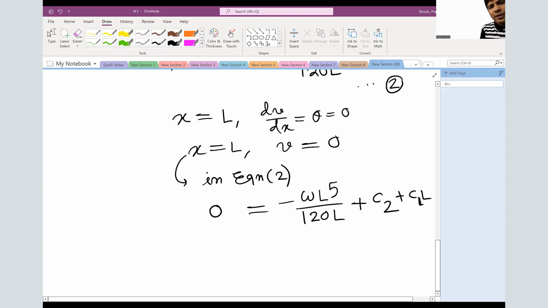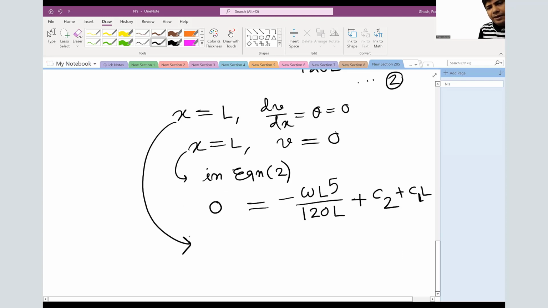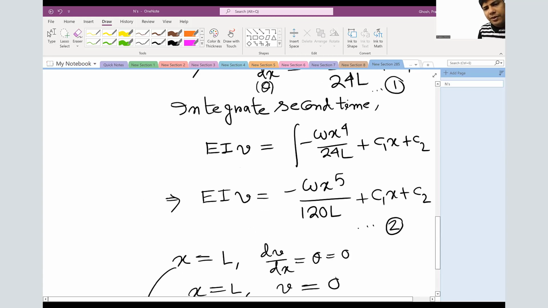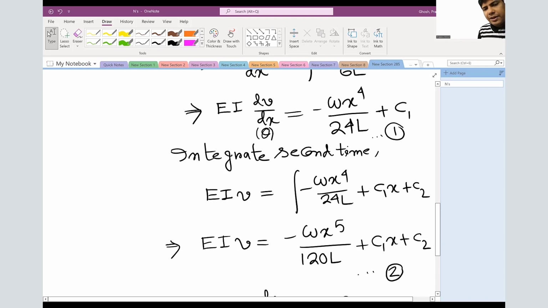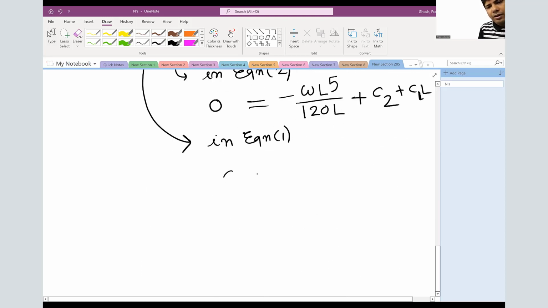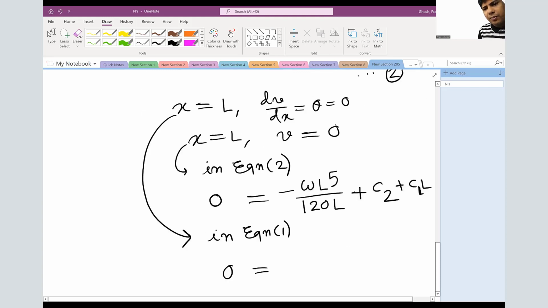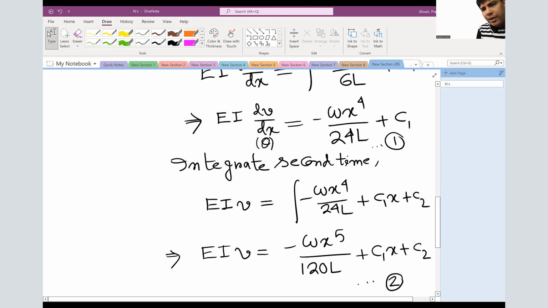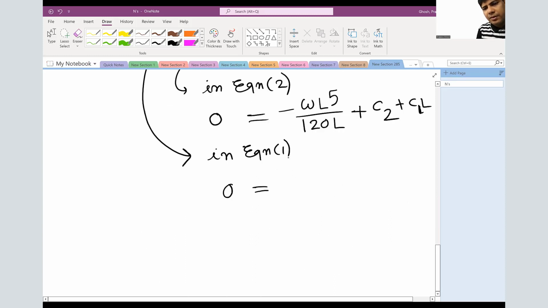Similarly, if you plug it back into equation 1, what we are going to obtain, if you see very carefully, is that the left side will be 0. And on the right side, we are obtaining WL^4 over 24L plus C1.